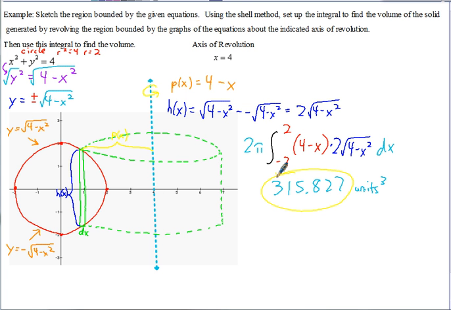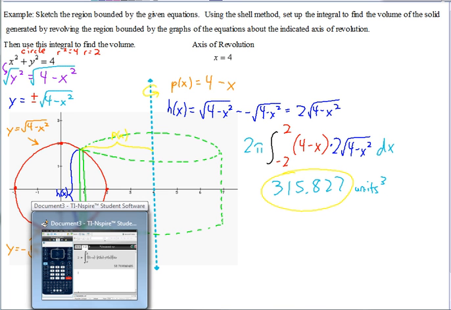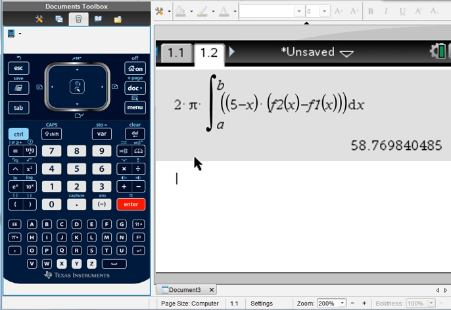And again, let's go ahead and look at using the Nspire real quick. Here I just use this same one since we didn't need to enter the graphs in at all.